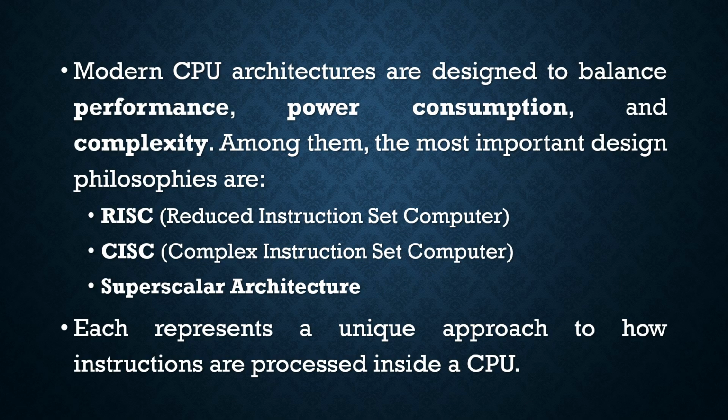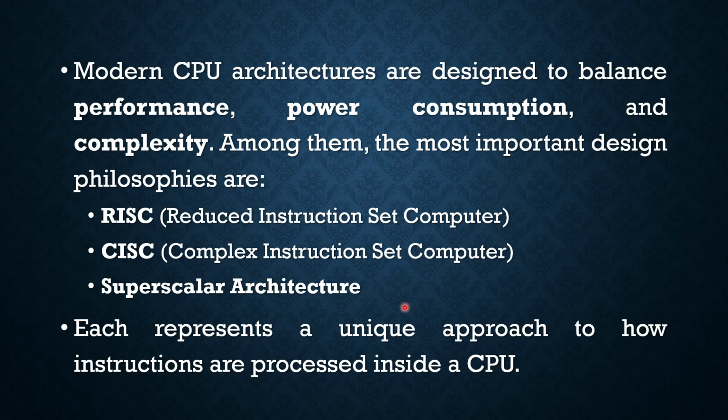Modern CPU architectures are designed to balance performance, power consumption, and complexity. Among them, the most important design philosophies are RISC, CISC, and superscalar architecture. In recent technologies, most processors come with a certain instruction set classification, and the instruction set can be either reduced, complex, or superscalar type.